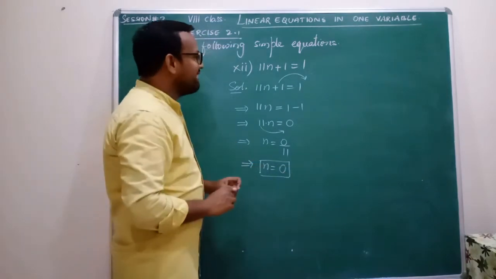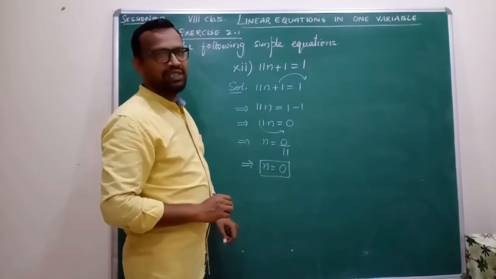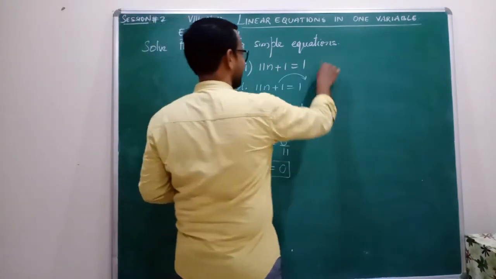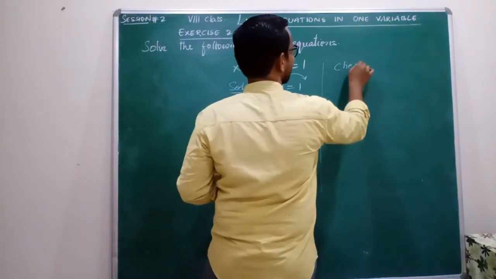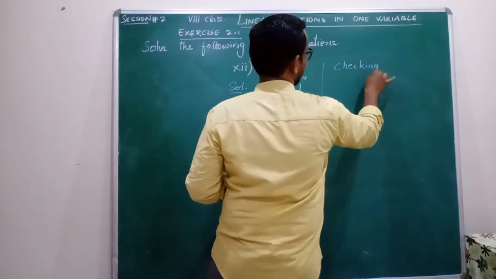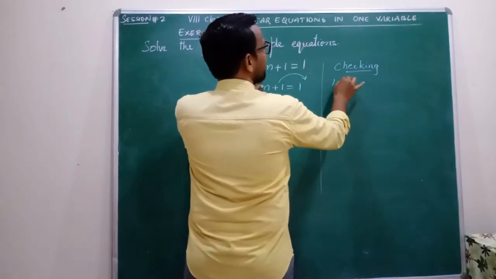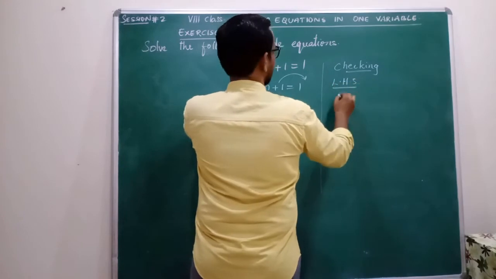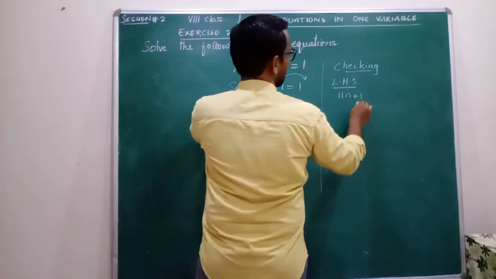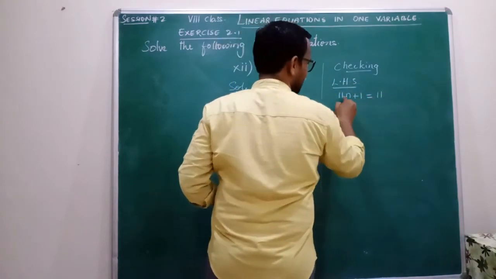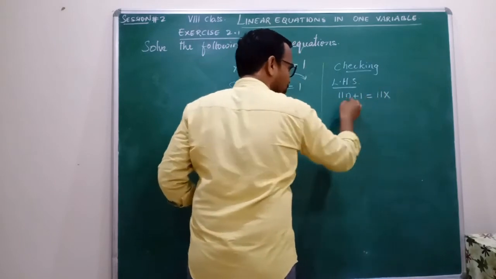So is it true for n is equal to 0? Let me check. So we'll take LHS first. 11n plus 1, that is equal to 11, no symbol means into n.